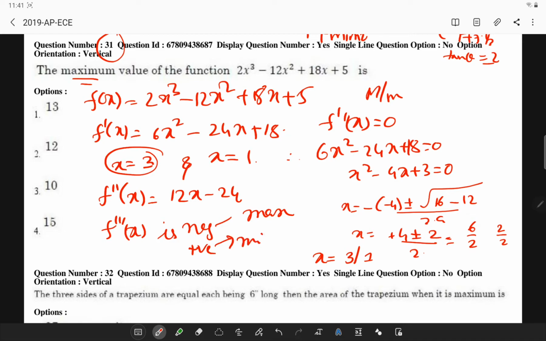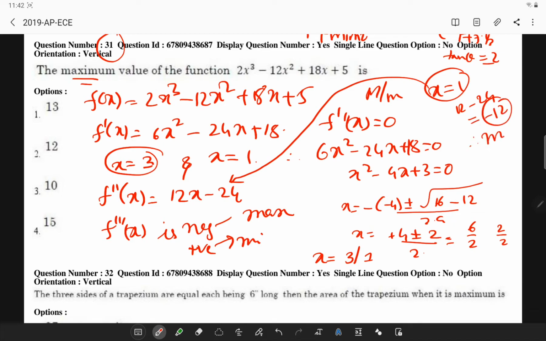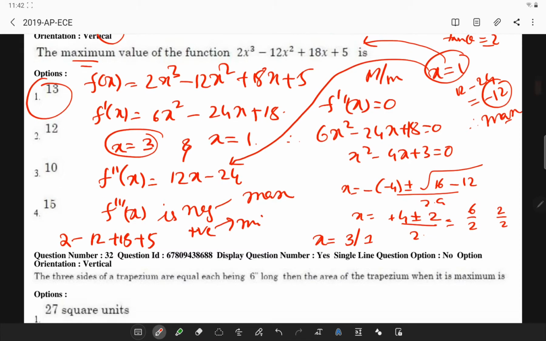If I substitute x is equal to 1 in this, 12 minus 24 is minus 12, therefore maxima. Now I simply substitute x is equal to 1 here to get 2 into 1 cube minus 12 plus 18 plus 5. So simply the answer is 13.